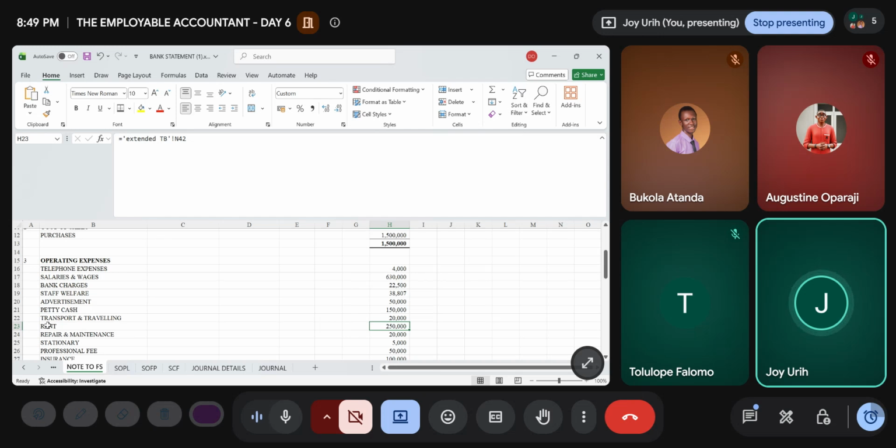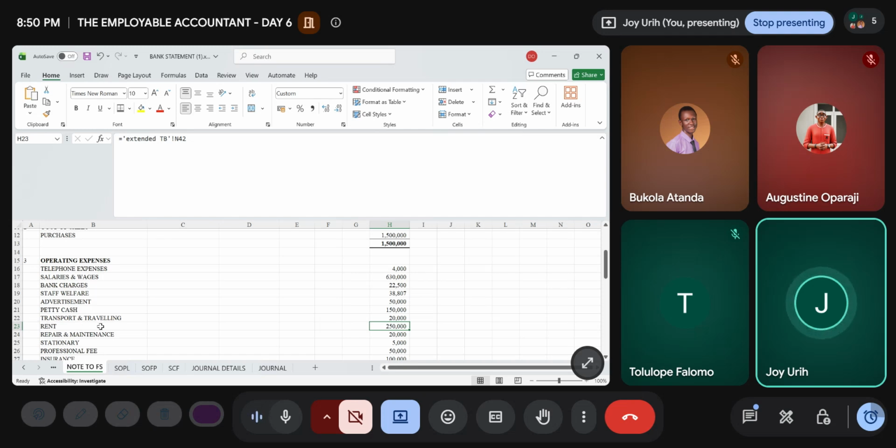So you have to make adjustment for accruals or prepayments, right? So that's what this whole thing is talking about. It's only the aspect that applies to that period that you are working on. That's what you recognize in your financial statement.